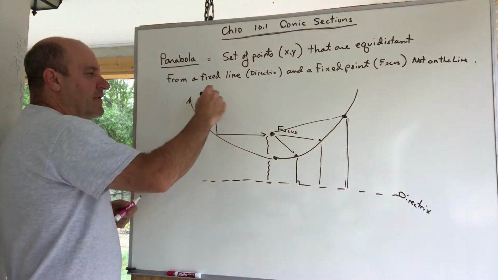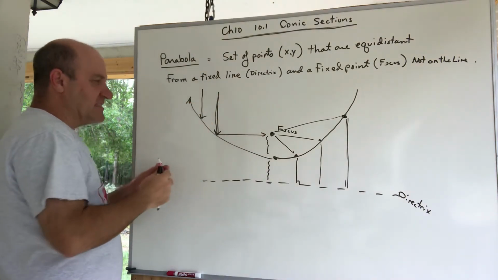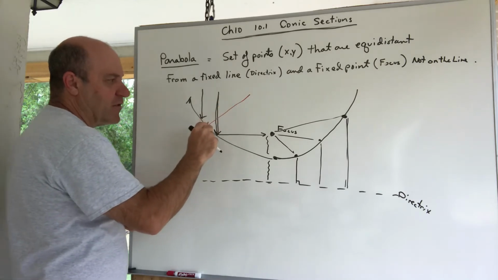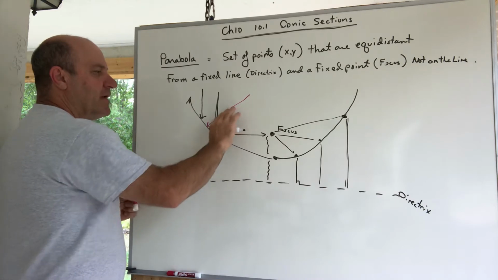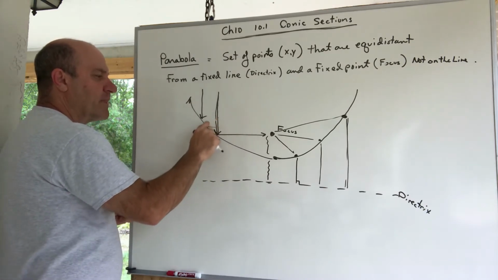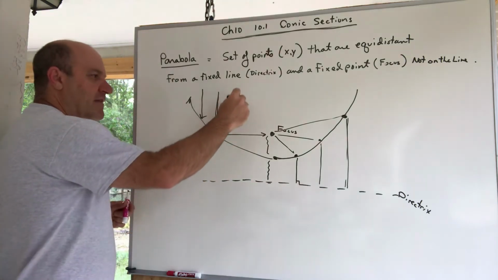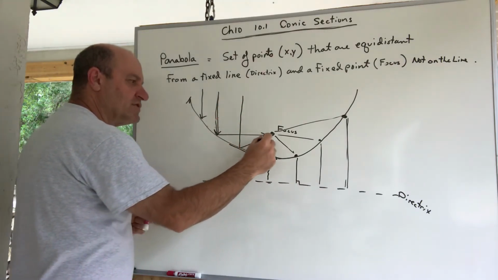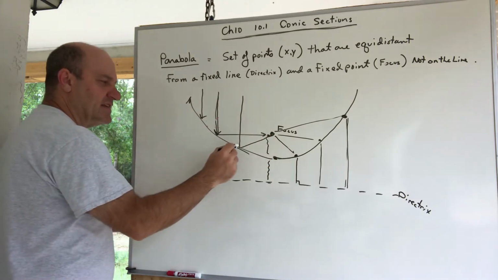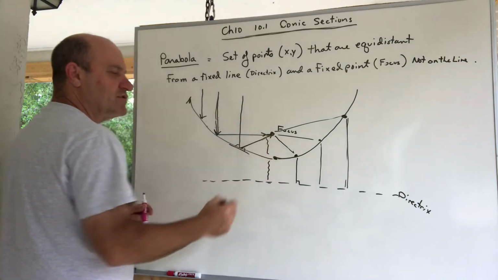I guess a light ray at another angle will bounce somewhere, but it won't necessarily bounce to the focus. So when they come in perpendicular to the directrix, they bounce to the focus. This angle matches this angle perhaps, and they bounce to the focus.